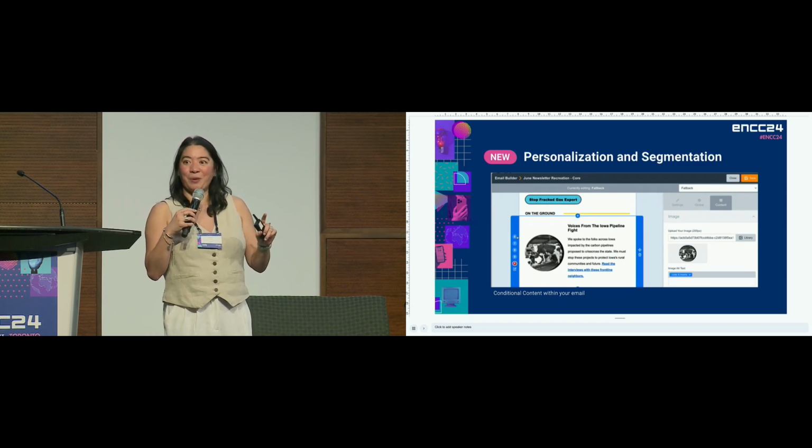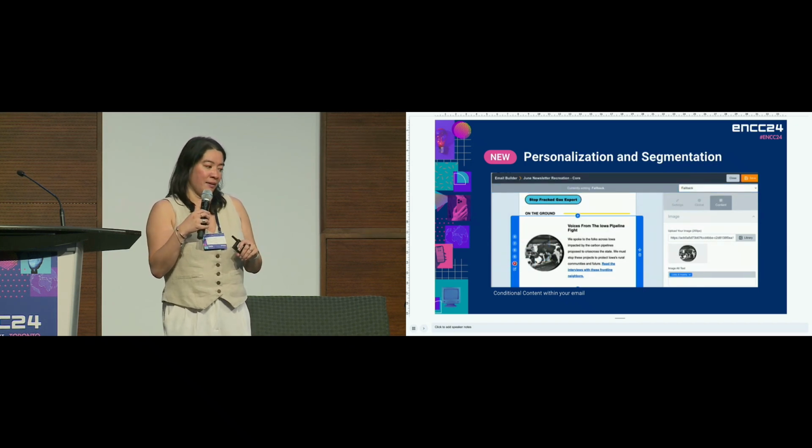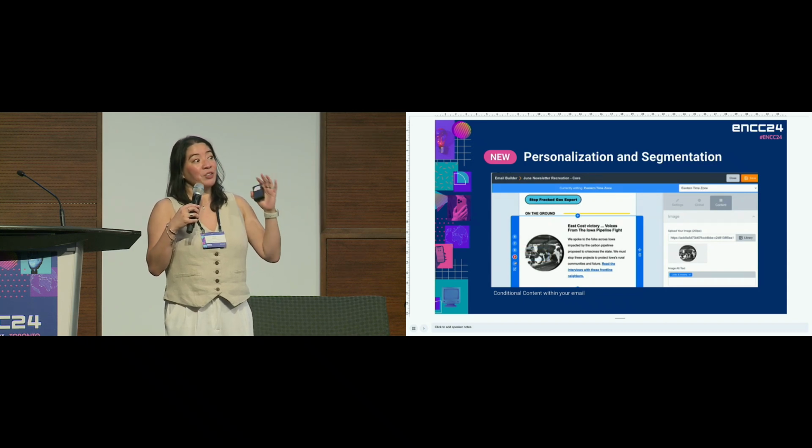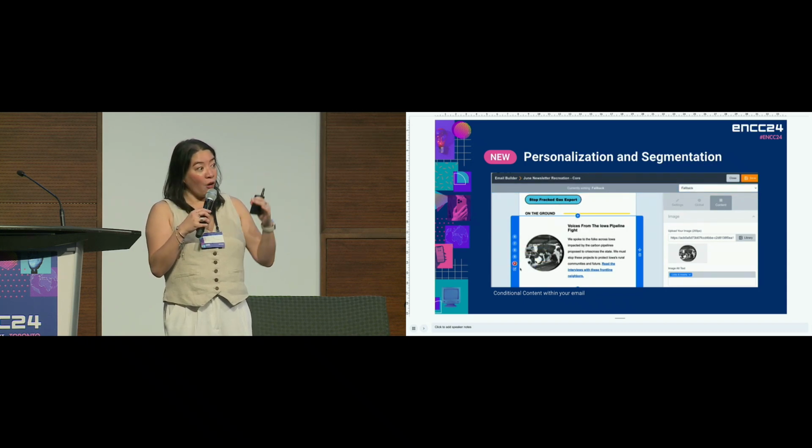Based on what time zone you are, you'll get different copies, like if you're based in East Coast or Pacific time, or then of course there's always a fallback. So note, always have a fallback, so that when you're creating your query or groups, whoever wouldn't fall into those profiles will get the fallback email.